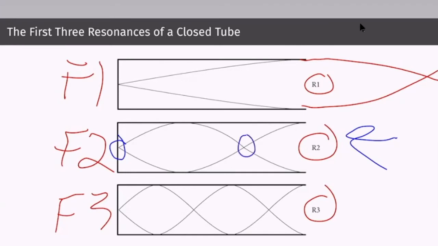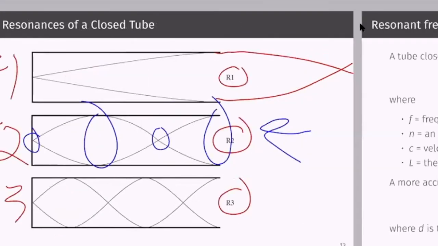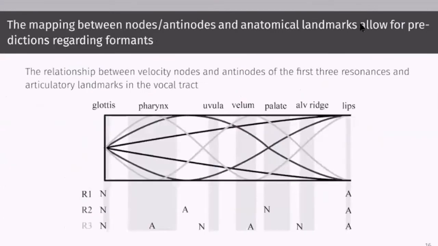So that's a node. And then we have two nodes, one right here and one right here. Well, these are going to be important, because when we line these up with anatomical landmarks, this allows us to make predictions regarding formants.